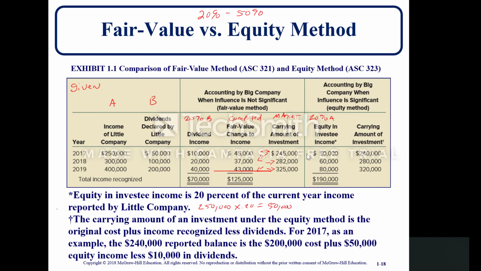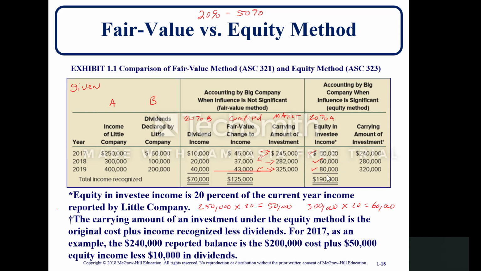That's noted here. The next year, 2018, was 300,000 times 20% gives you 60,000. And the same with the next year, 400,000 times 20% would be the 80,000. That's how you compute this column.